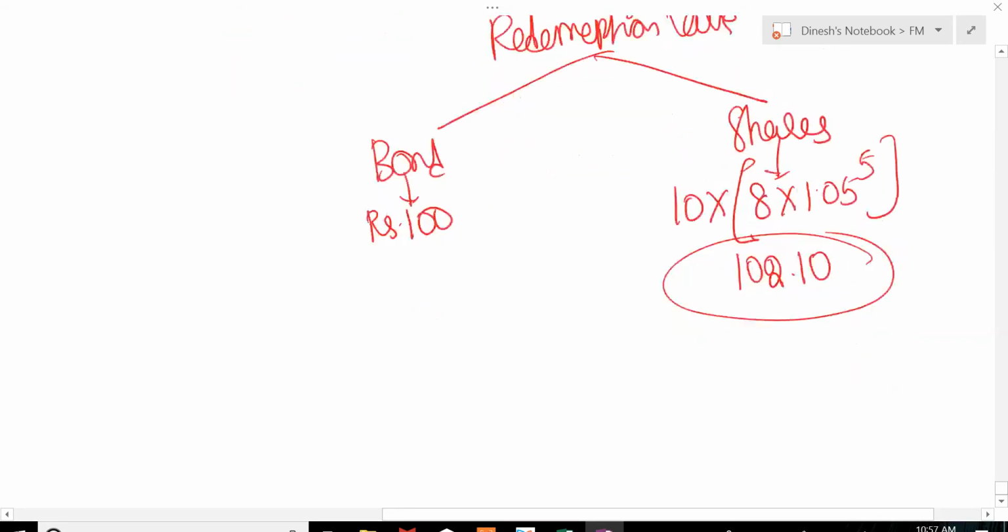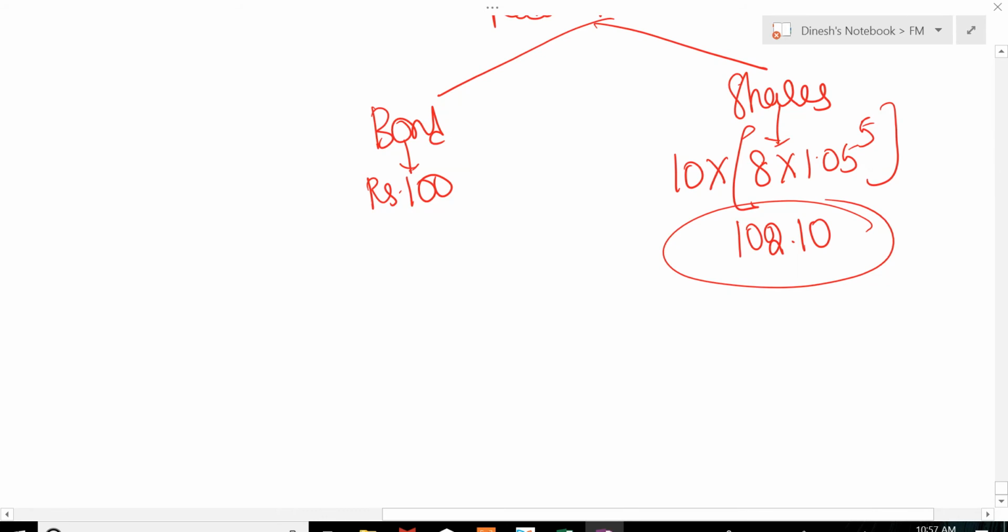Redeemable value is 102.10. Beyond this, the problem is the same. Beyond this, you will do the normal way of calculation: redeemable value minus net proceeds by balance life, redeemable value plus net proceeds by 2. All of that is going to remain the same. My role ends with that 102.10.